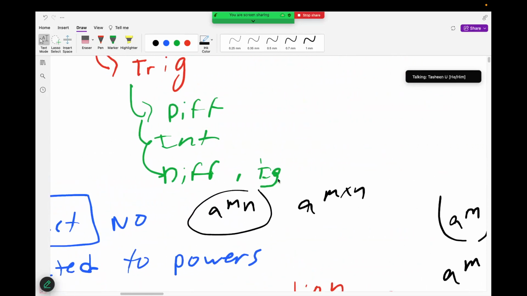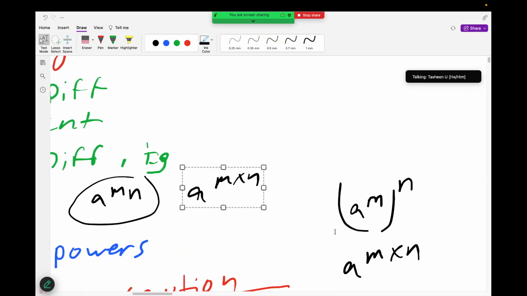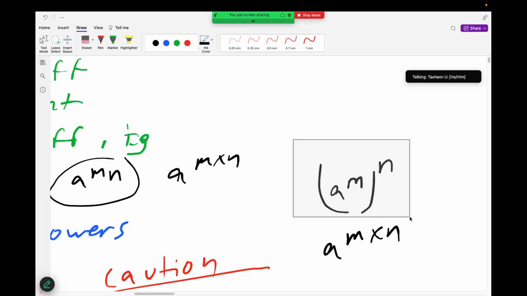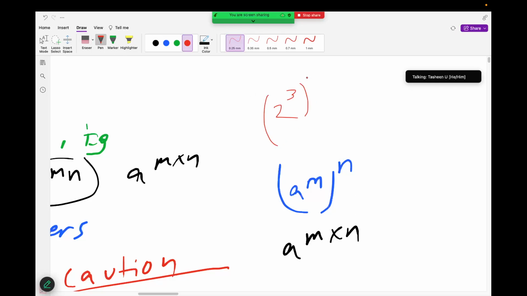And you already know that if you have a to the power mn, this means m into n. If we have something like 2 to the power 3, and that is raised to the power 8, then you can multiply m and n.